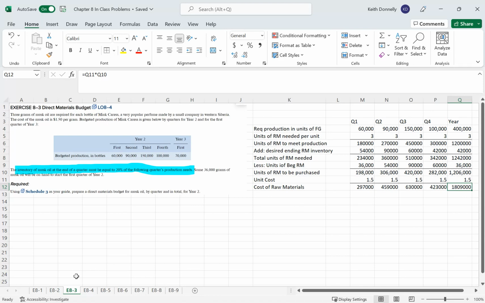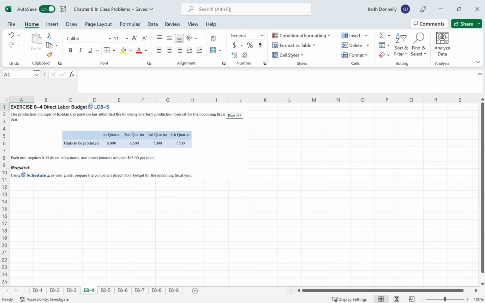All right, let's move on to exercise 8.4 here. They're giving us some information. They said the production manager of a corporation has submitted the following quarterly production forecast for the upcoming fiscal year. So units to be produced: in the first quarter we're planning on producing 8,000, then 6,500, then 7,000, then 7,500.